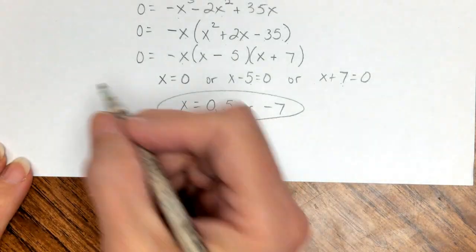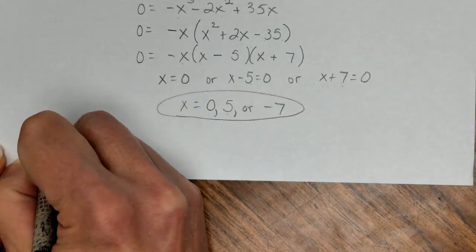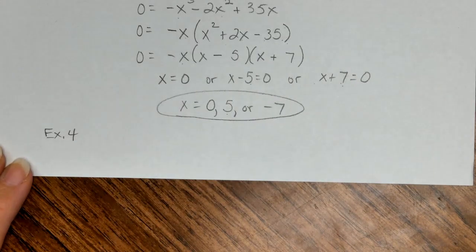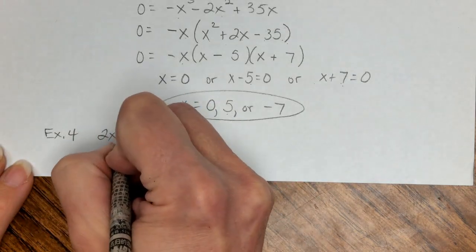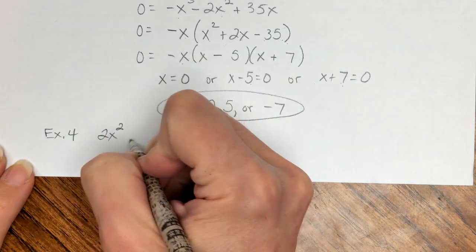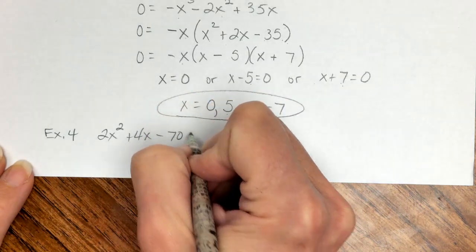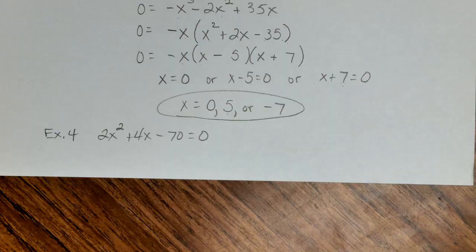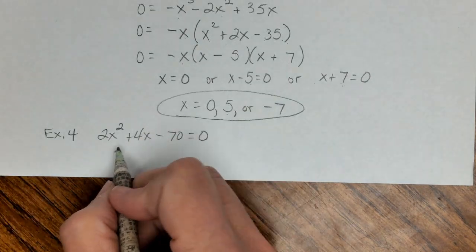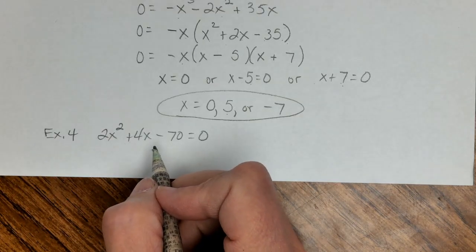So here's a bonus example. Example 4, we're going to say 2x squared plus 4x minus 70 equals 0. And there's not much space here, so I'll try not to take a lot of steps. But again, we need to factor this, and we always look first for the GCF.